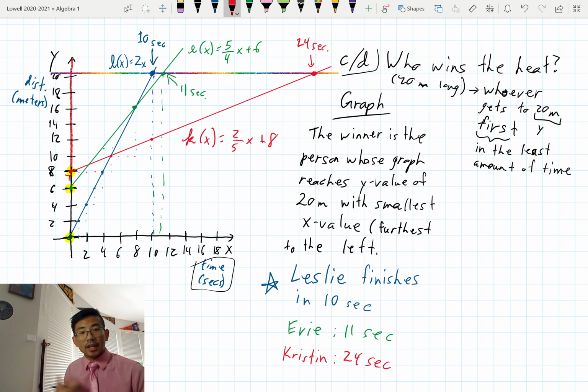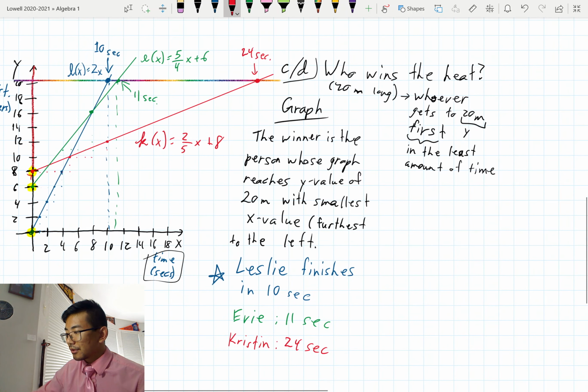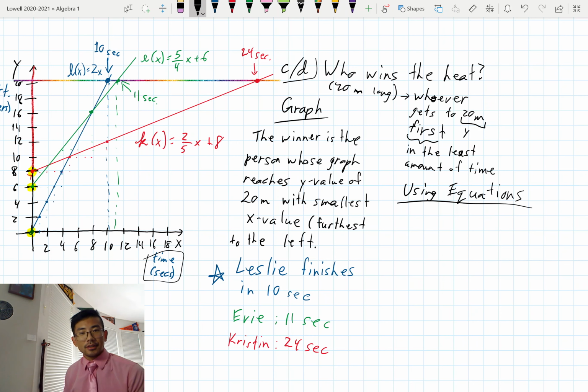Now, once again, we could actually use our equations to answer this question. And this one is nice because we don't have to do any guessing. We just plug it in and evaluate it. So now, remember, our y value is equal to 20, so the output is 20.